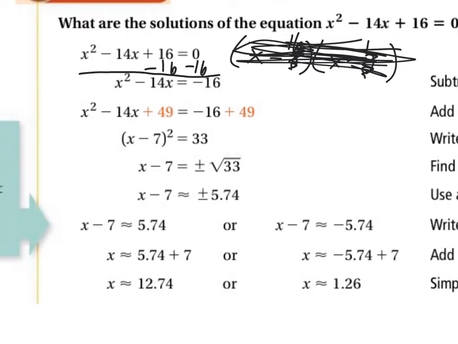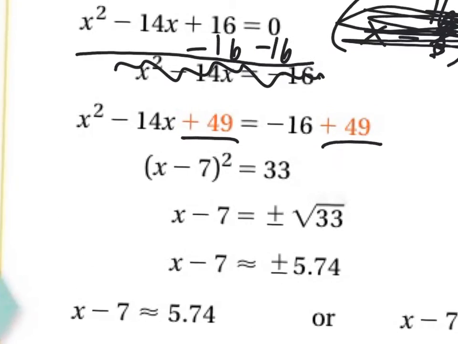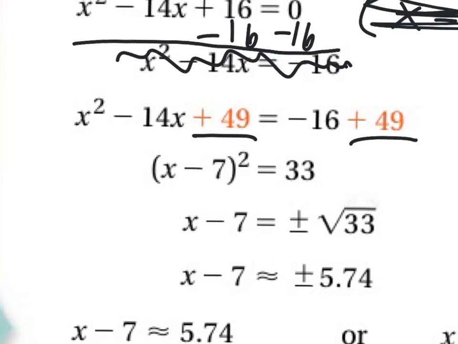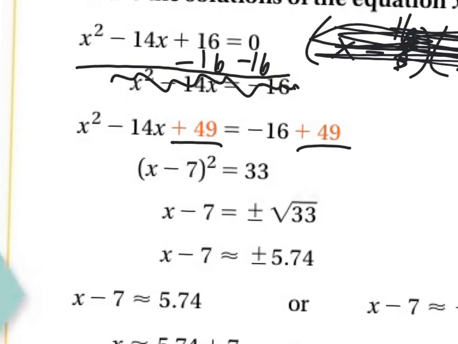Usually what I like to do is after I subtract 16, rather than writing this step, I'm going to leave a blank spot. I'm going to say plus blank on both sides. And then this is now finding that C value like we talked about a minute ago.